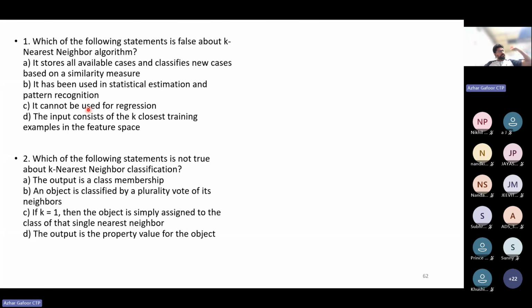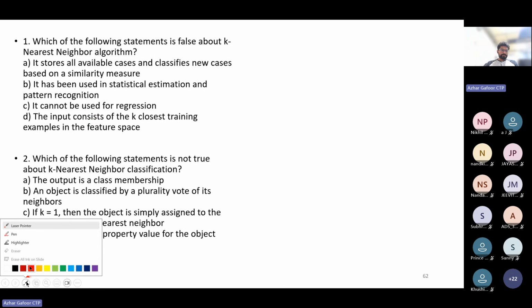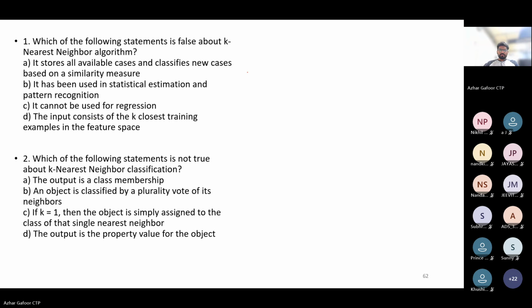So what is the difference between regression and classification when we use KNN? Let's say regression is all about numbers. Let's say we have one here, two here, three here, four here, then five.